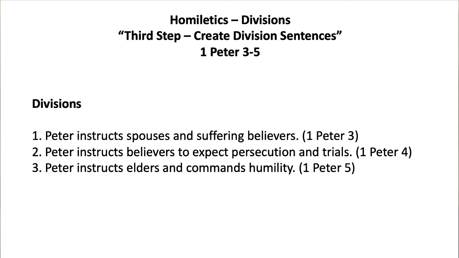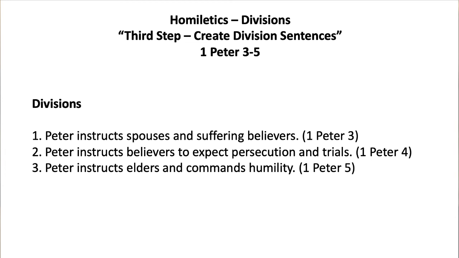Now look at some of the key things here in these divisions. As we saw earlier, using repeated phrases is very helpful, and 1 Peter was written by Peter, so we use the construct of saying Peter instructs. And that's how the author wrote this. He was writing to specific people or addressing certain concepts. In the first division, Peter is instructing spouses and suffering believers.